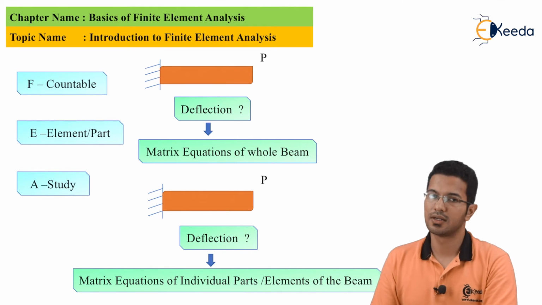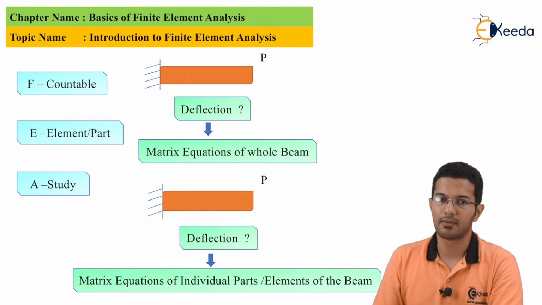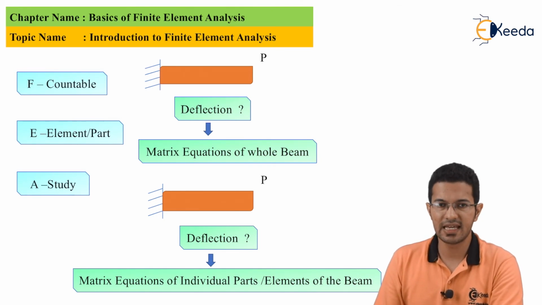Now let's look into another concept. If I say FEA, F stands for finite or countable, E stands for element or part, and A stands for the study of domain, of course.